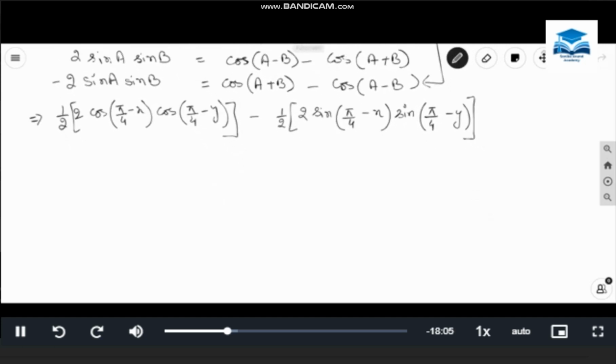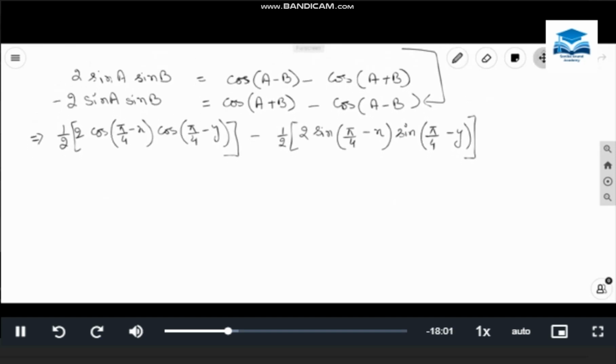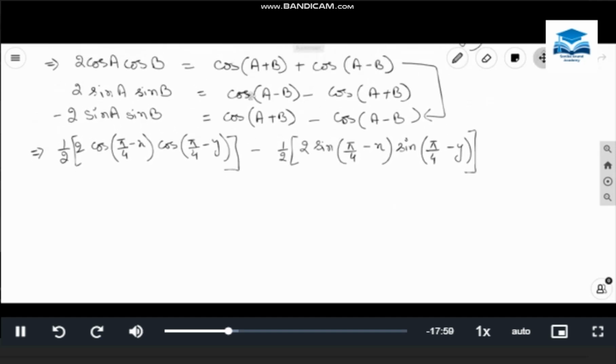Now we proceed further. Now we can compare it. First one, cos A cos B, cos A cos B, and we have to add them, we have to subtract them, and we have to put a plus sign. Clear? Let A is equal to pi by 4 minus x.